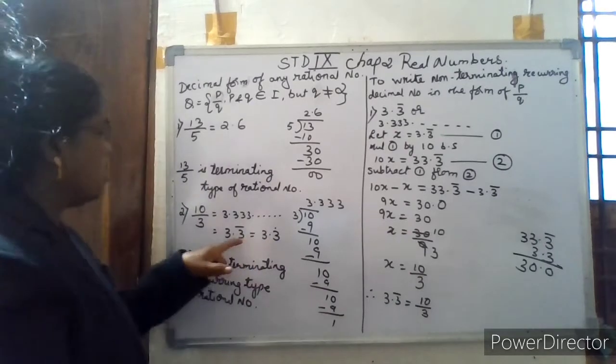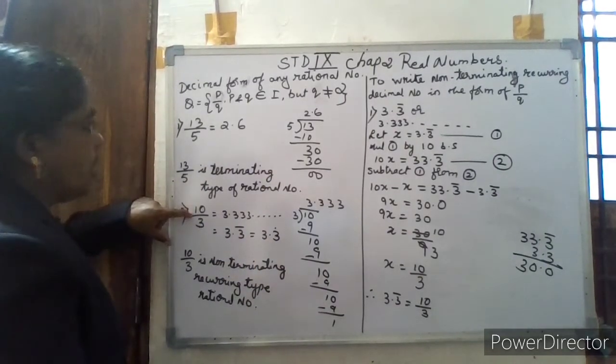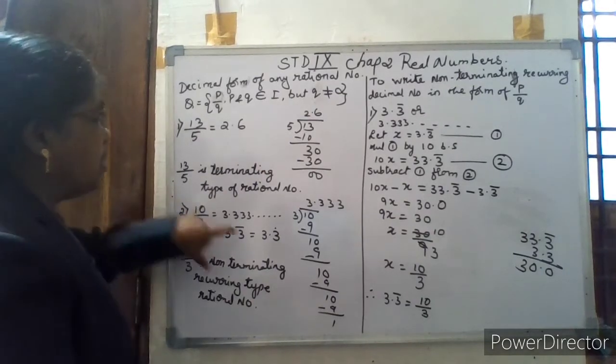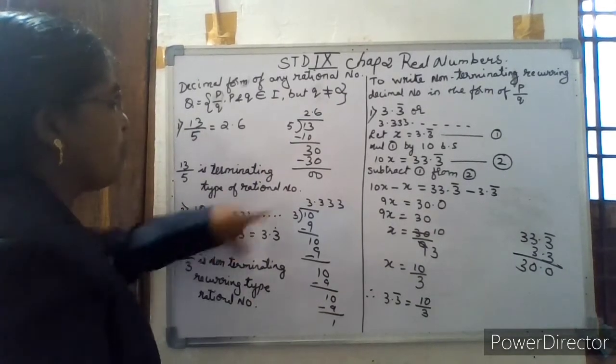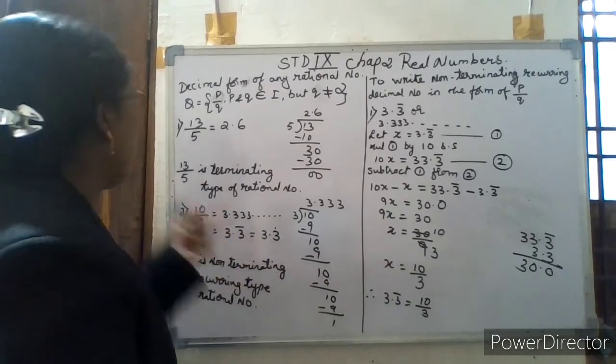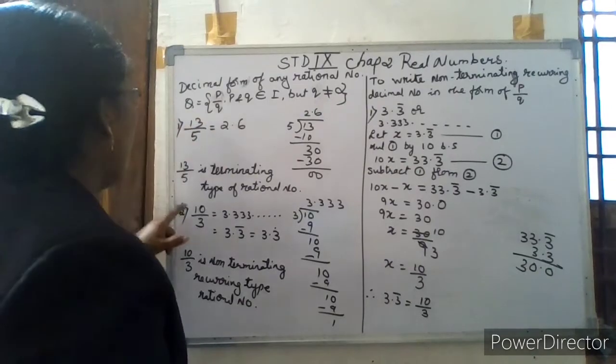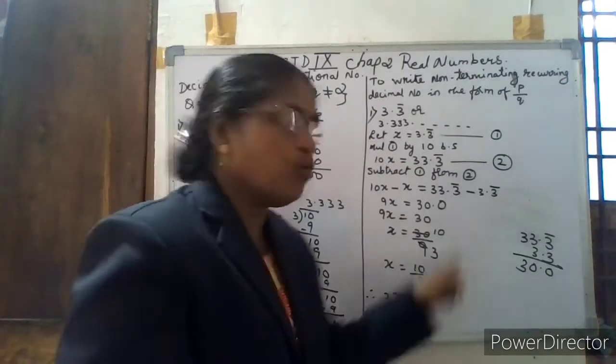To convert a rational number into decimal form we do division, and to go from the decimal back to the p by q rational form, we have to do this process.